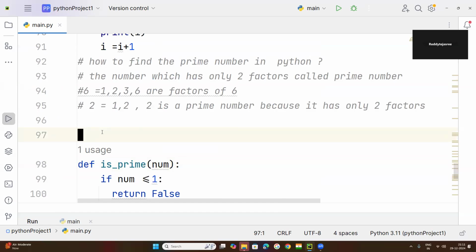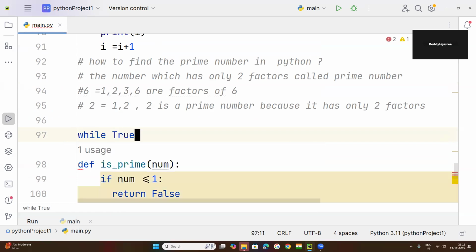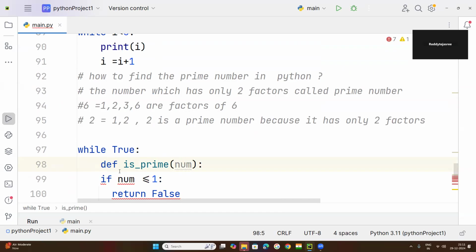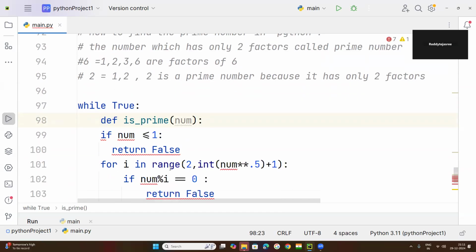We enter the number, while true. So we need to give some space here. While true.